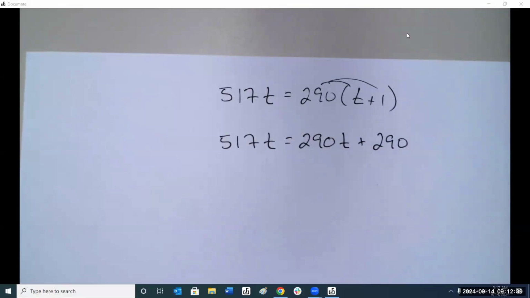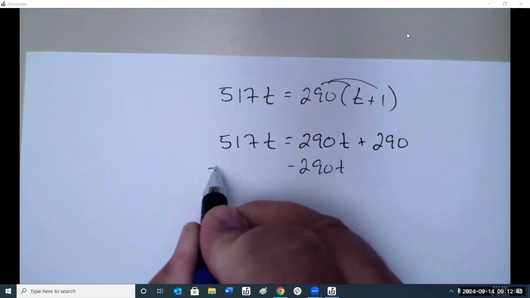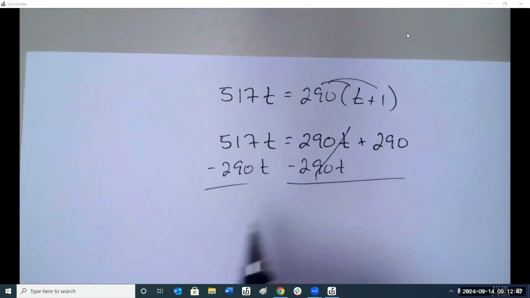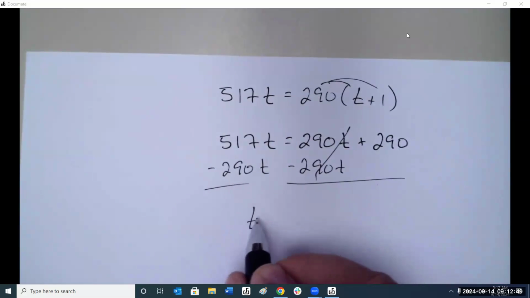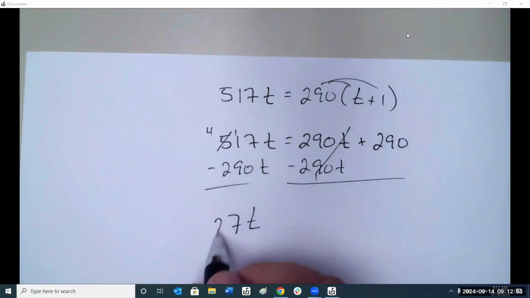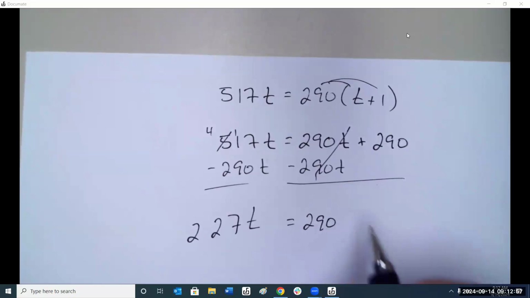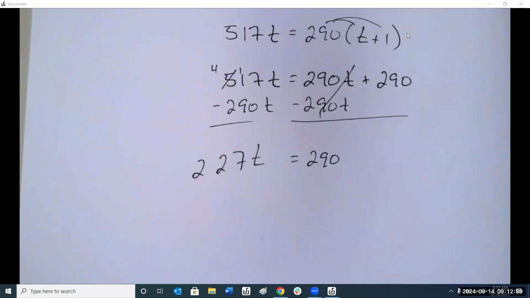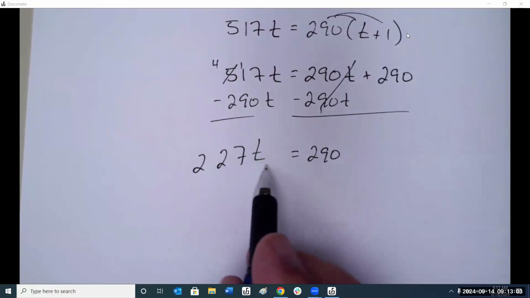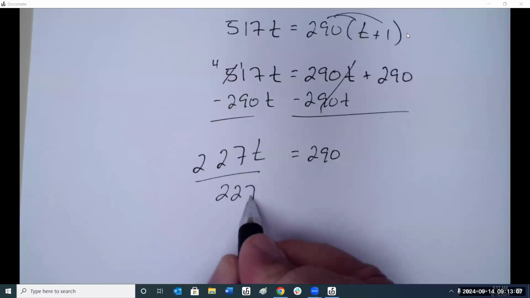So now we have to solve for t. Subtract 290t from both sides. So we have 227t equals 290. Divide both sides by 227.